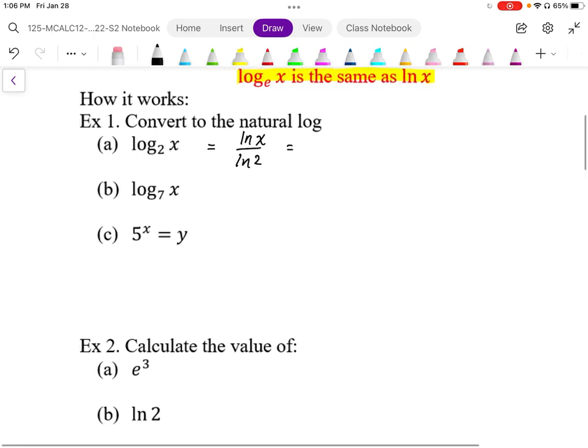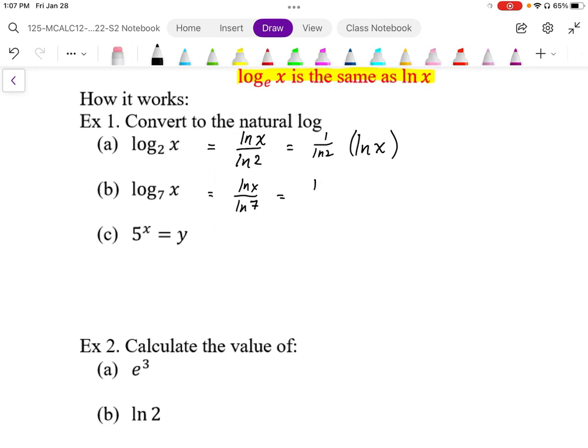And we can just use this as a coefficient, 1 over log 2, and then the function now is log x. So same thing here, it's going to be log x over log 7, and so we end up with 1 over log 7 times log x. So that's how we change these functions into the log base e function.